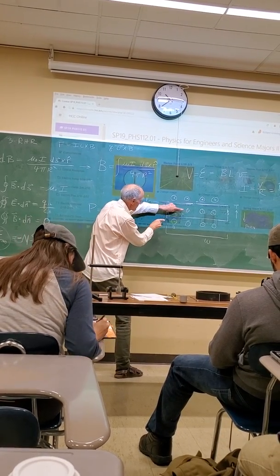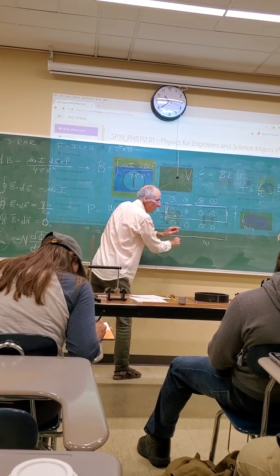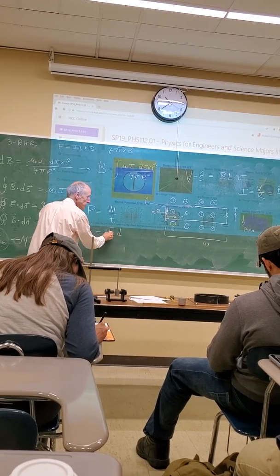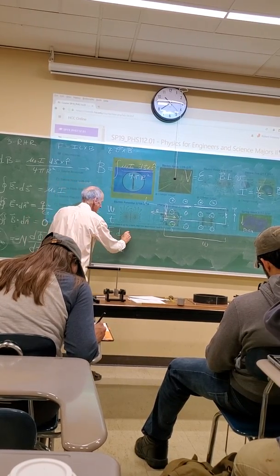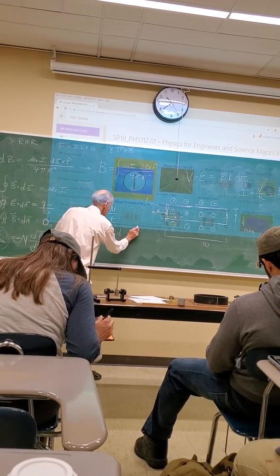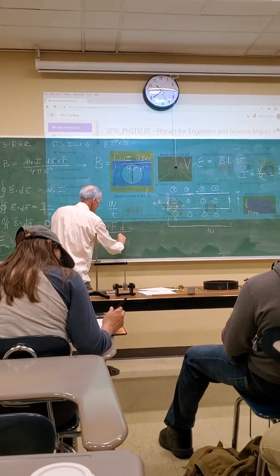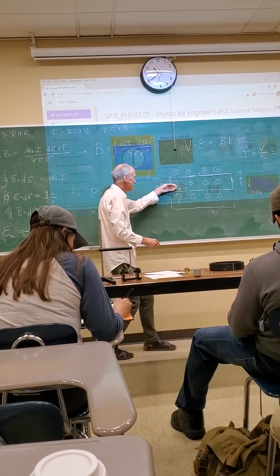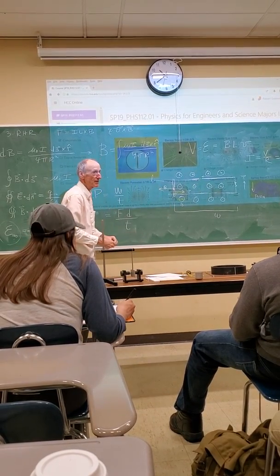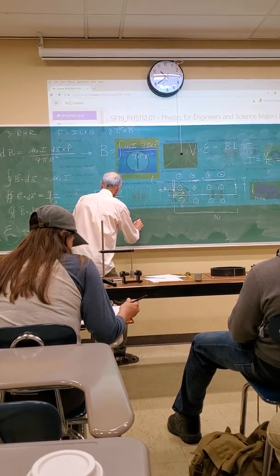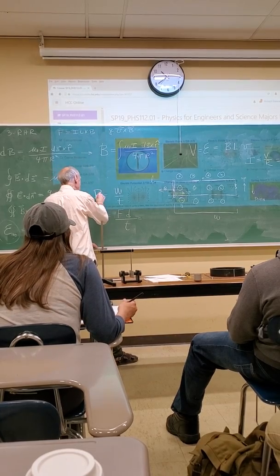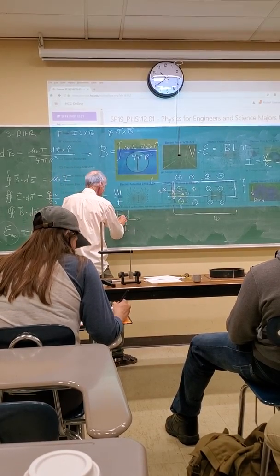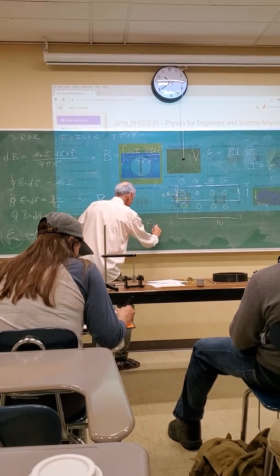The force is in this direction, the thing's moving in this direction, so cosine of theta is 1, divided by the time. The distance I cover divided by the time is the velocity. So the mechanical power input is the force times the velocity.